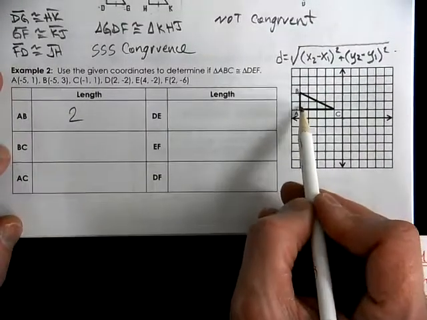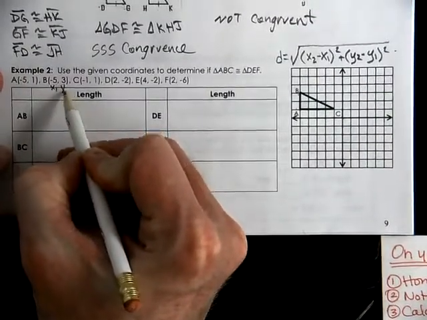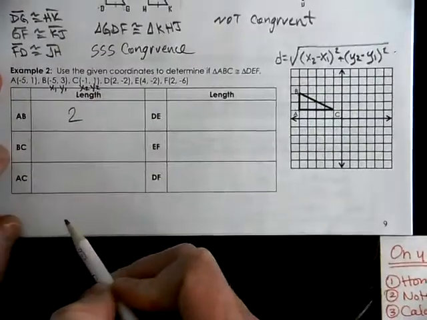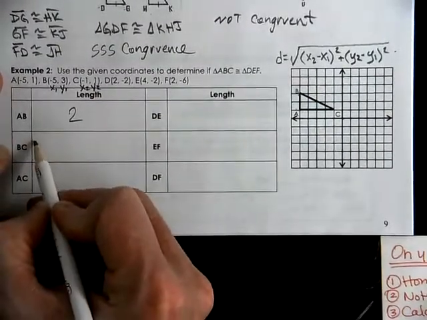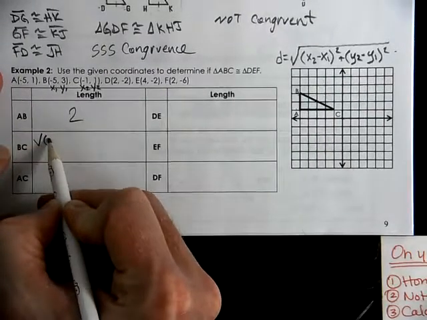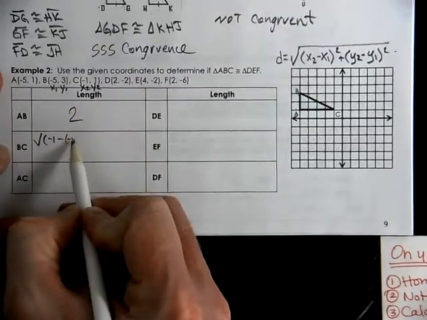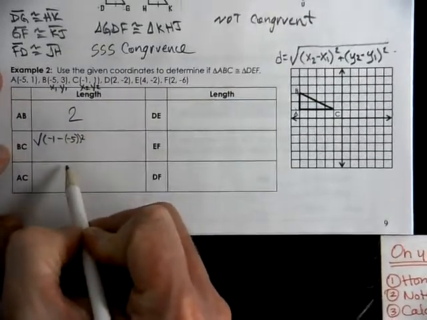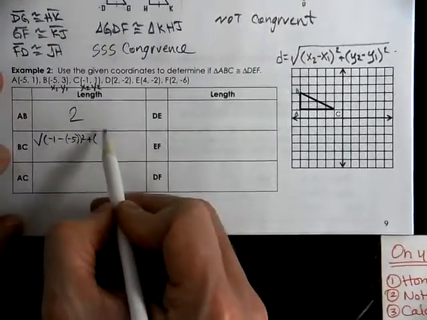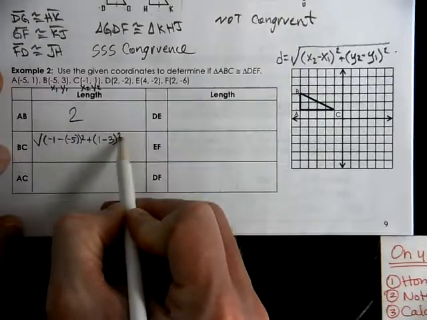So working with B and C, if we would call this x1 and y1, and this x2 and y2, x2 is -1 minus -5 squared plus y2 is 1 minus y1, which is 3 squared.